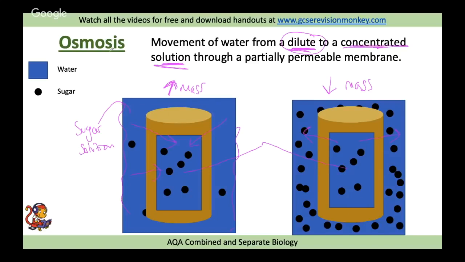Now, the osmotic balance of cells is really important. It's really important that you don't have too much water or too little water. If you have too much water in your bloodstream, your cells are going to take in that water and swell, and if you have too little water and you're dehydrated, your cells are going to shrivel up and will not function very well. That's why after exercise, you'll often drink an isotonic drink.